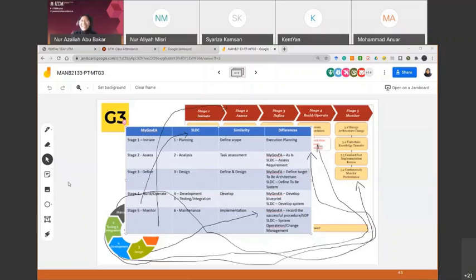Okay, I have a question. If you look at any SDLC solution or any development, they will have specific testing and integration, right?